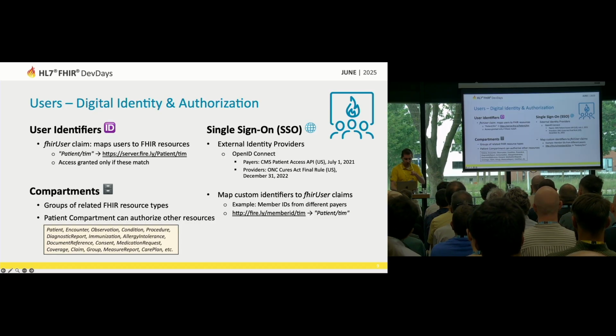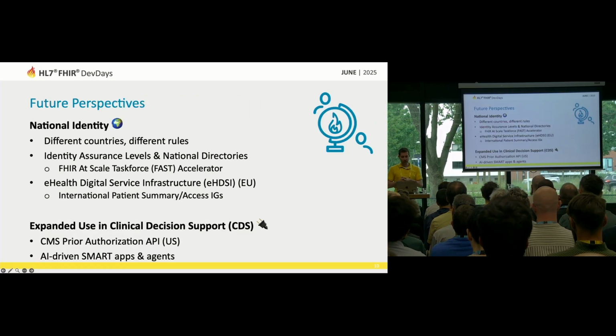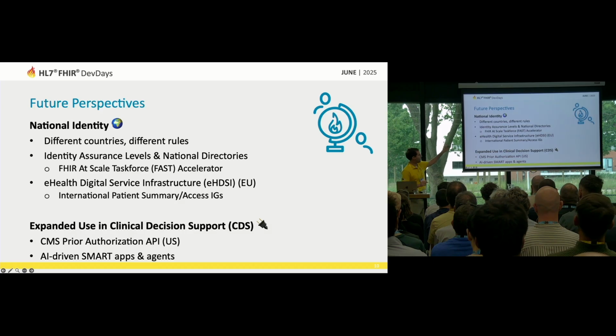Finally, I'll mention some topics that are relevant to Smart on FHIR in the near future. The first is that we expect it to play a role in digital identity initiatives, especially for national directories and international exchange. I suggest looking at the work of the FAST Accelerator program. And by the way, I updated this slide. It's not in Whova, just make a note of that.